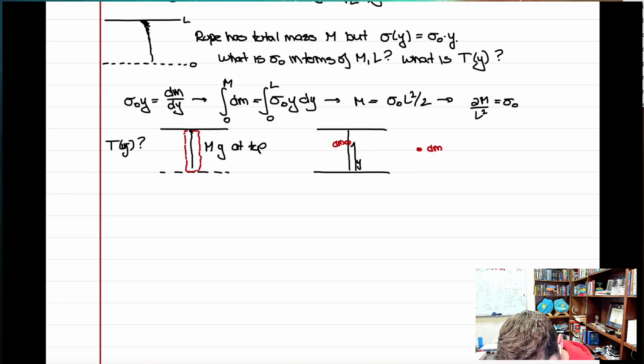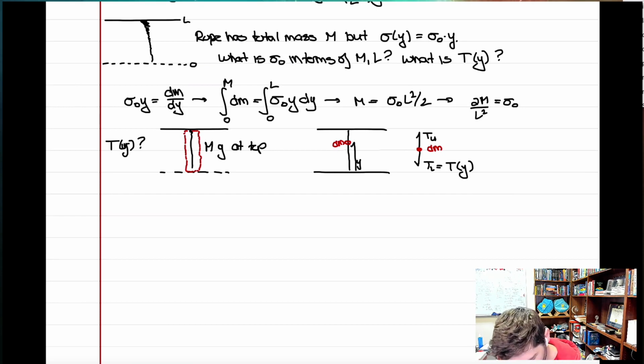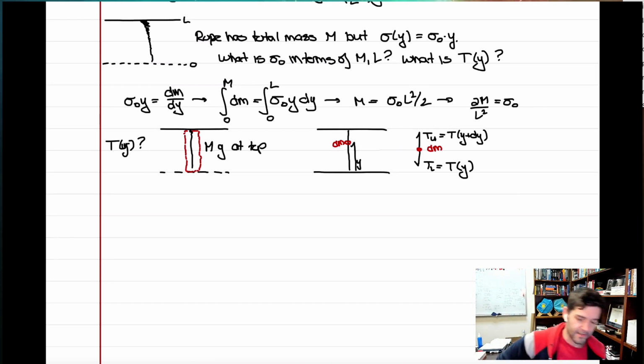Well, for this little dm, if I do a force analysis, there's going to be a tension from the rope just above it. Then below it, there's the tension from the part of the rope immediately below. I might think of the part immediately below as the tension at height y, and right above it might be T at y plus dy, as I go up a tiny bit from the bottom of this little dm to the top.